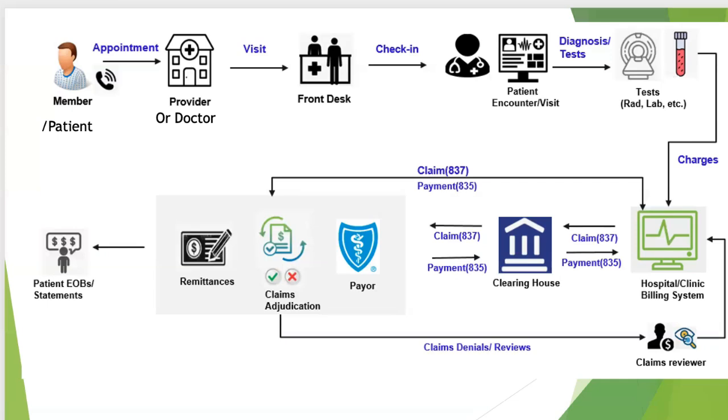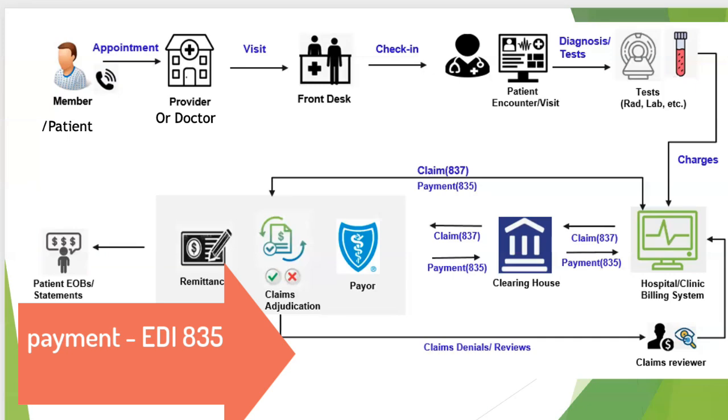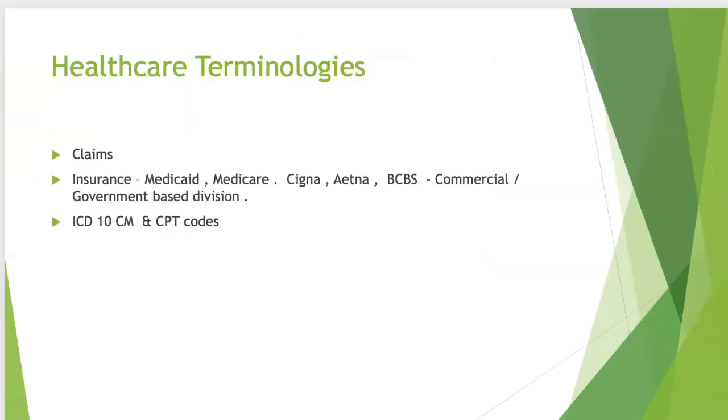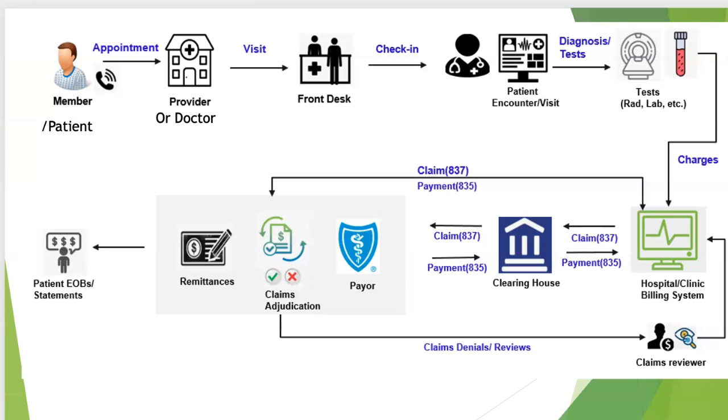If the claim is approved, the insurance company sends the payment through an EDI 835 file. The payment is always sent through an EDI 835 file. If a claim is denied, we have to look at the reasons why it was denied, and resubmit the claim accordingly.